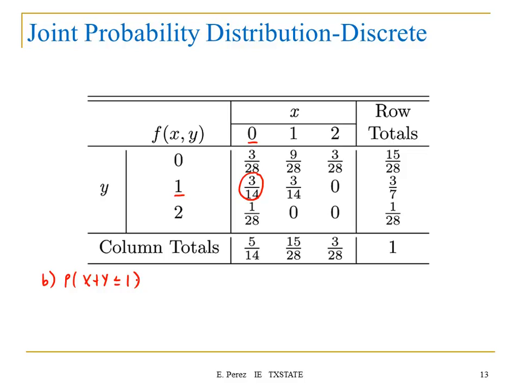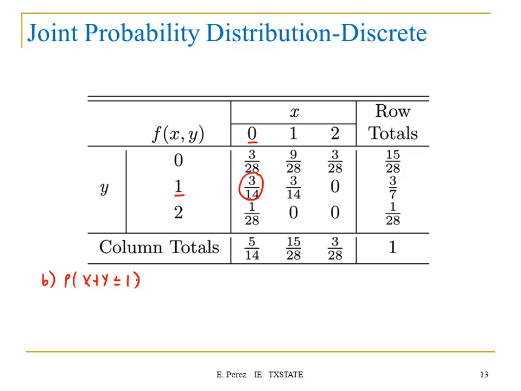Now I want you to think about how you would compute that probability based on this. You know x, you know y. X is the number of blue, y is the number of reds. So this is basically saying what is the probability that the summation is less than or equal to 1. Will you be able to compute that probability with the information that we have in the table?